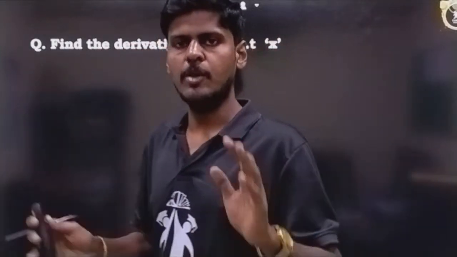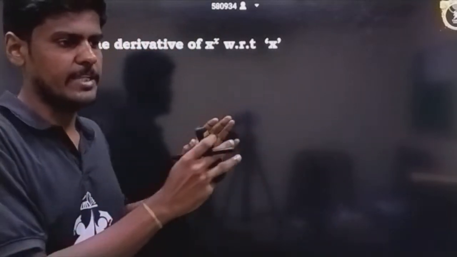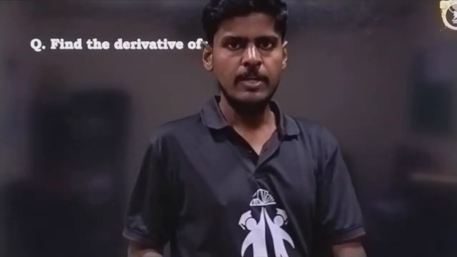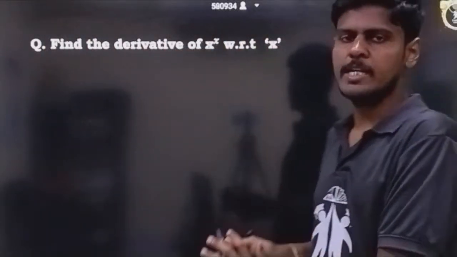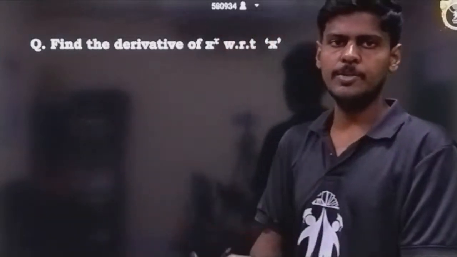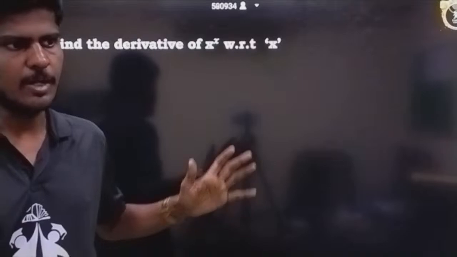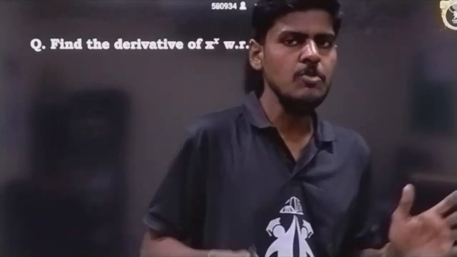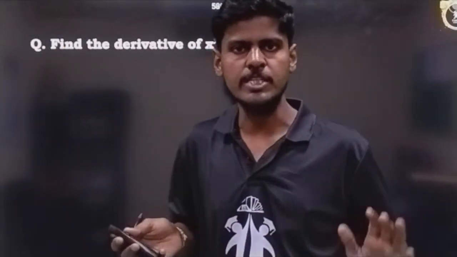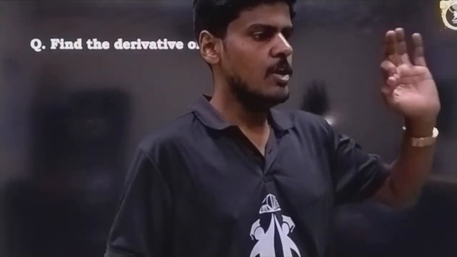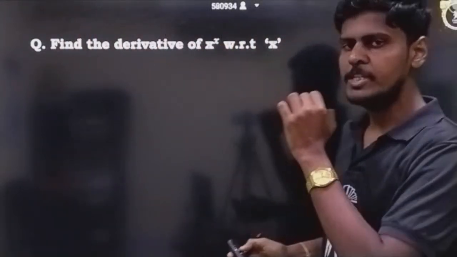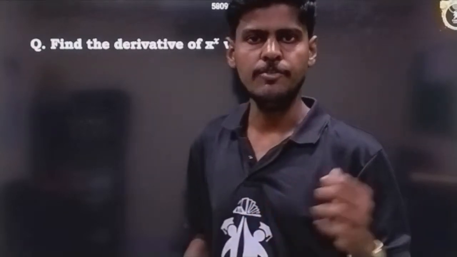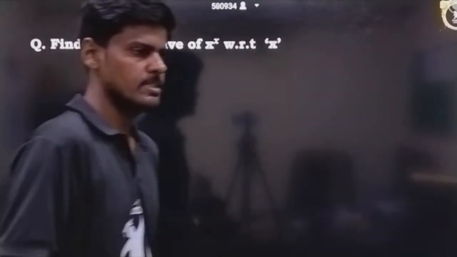You just have to remember that if the question is coming in this form, you have to proceed in a certain way. You have to take logarithm, or use parametric form, or use product rule, quotient rule, chain rule, whichever is possible. Whatever you have learned until now, we are only going to see questions from that. There won't be any question outside of this. You just need to know which formula or which concept or which method of differentiation is to be applied for certain questions. So here it is x power x.